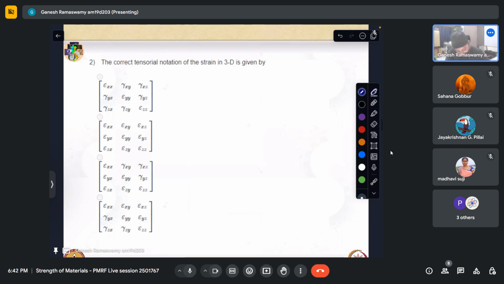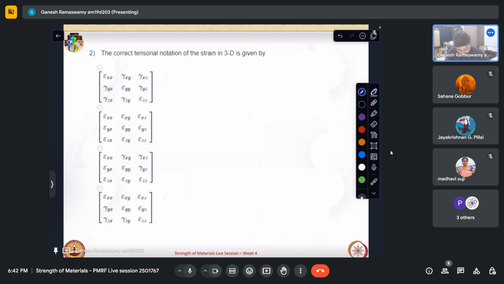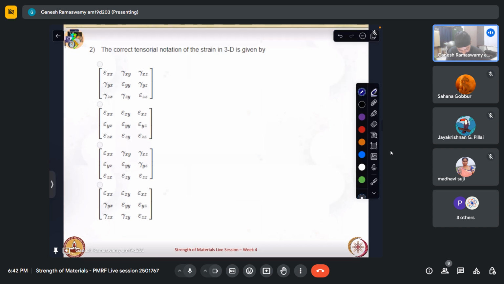Okay. So the correct tensorial representation for the strain in 3D is given by which of the following is the question.